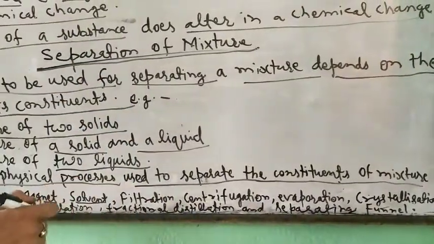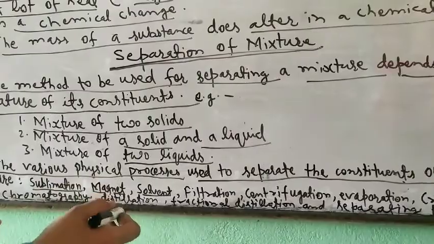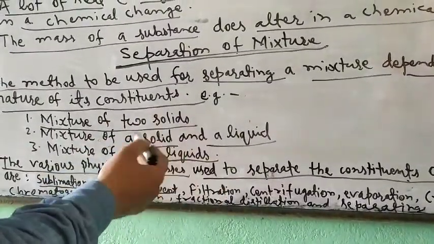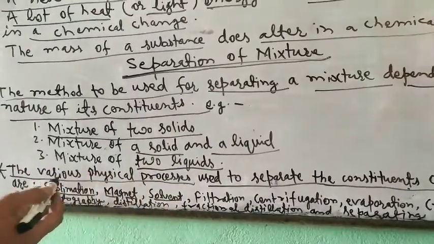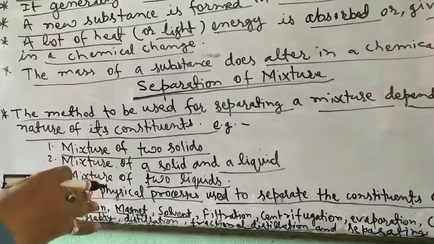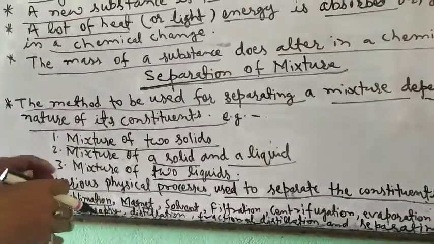These are the methods that are used to separate two solids, a solid and a liquid, and two liquids from the mixture. So these separation processes are discussed in the next class.